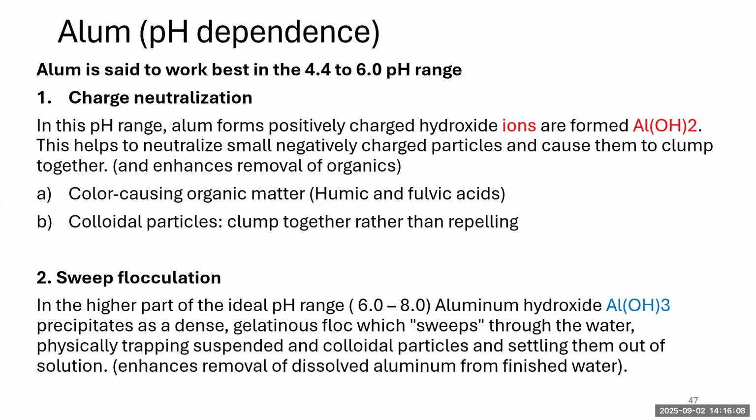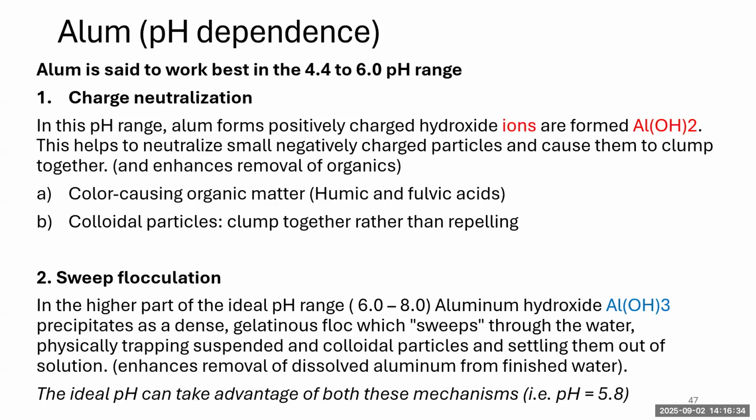And so this floc then sweeps through the water, sweep flocculation. As this gelatinous floc is settling through the water, it basically comes in contact with other particles and traps them and helps them to settle out. So obviously both mechanisms are good.